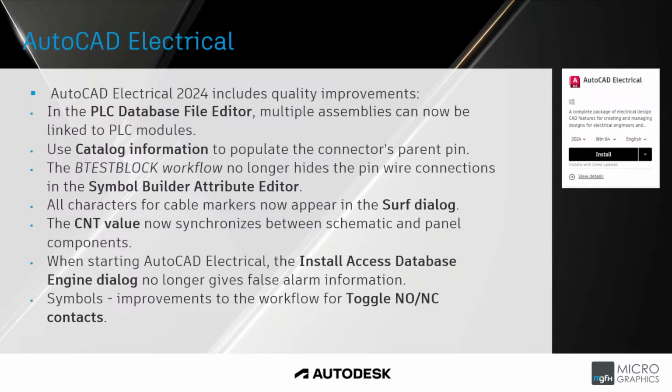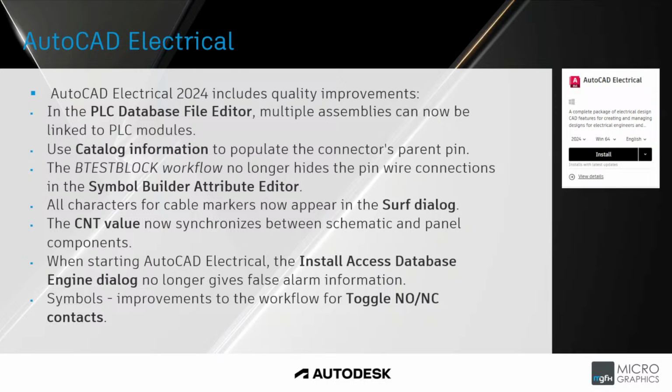AutoCAD Electrical 2024 includes quality improvements. In the PLC database file editor, multiple assemblies can now be linked to PLC modules. Use catalog information to populate the connector's parent pin. The block workflow no longer hides the pin wire connections in the symbol builder attribute editor. All characters for cable markers now appear in the Surf dialog.